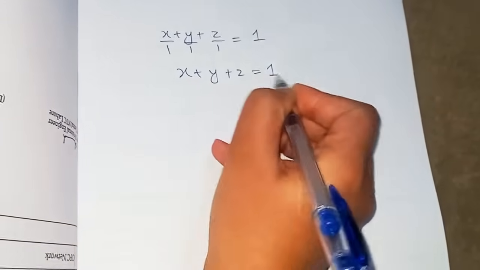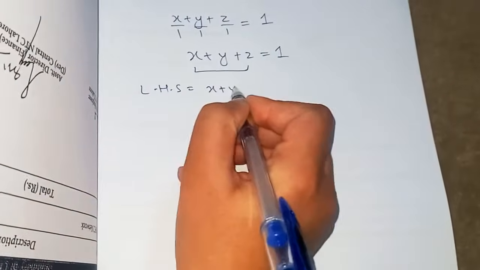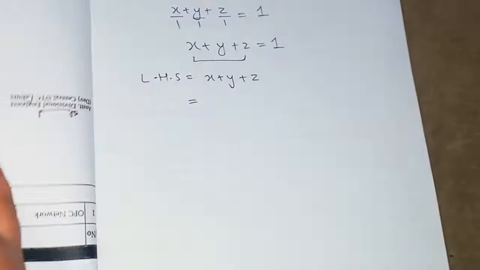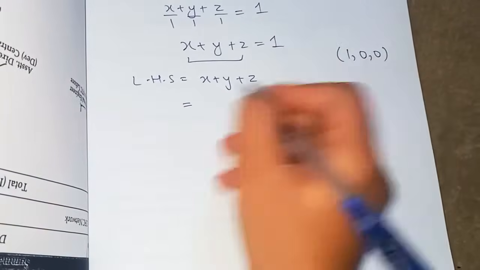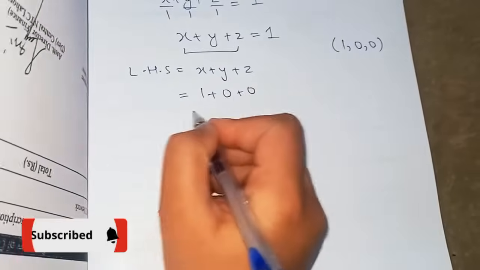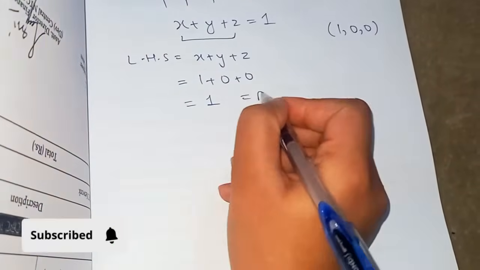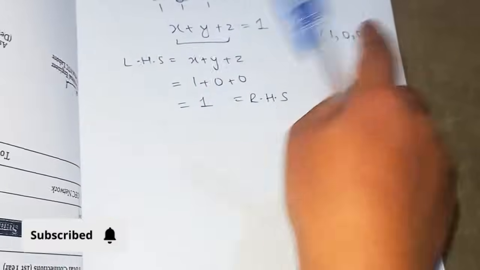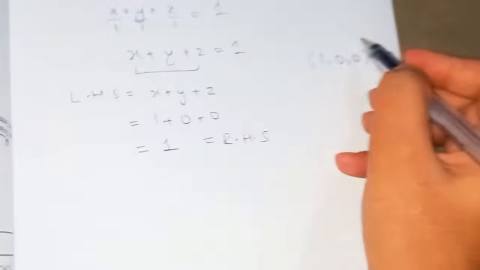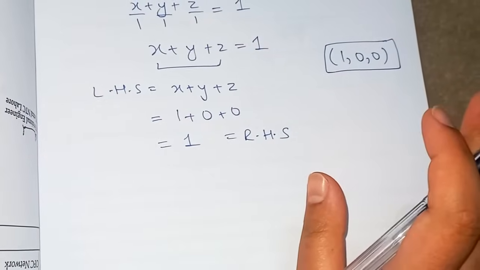Now the left hand side is x plus y plus z. Let's put the value of the point that we want to inquire. So it's 1, 0, 0, equals 1. We can see that the left hand side is equal to the right hand side, which is 1. So this atom, whose center is located at this point, is contributing to the plane.